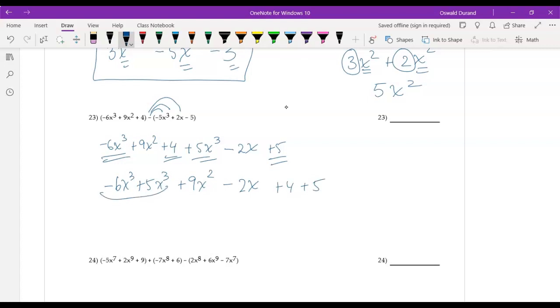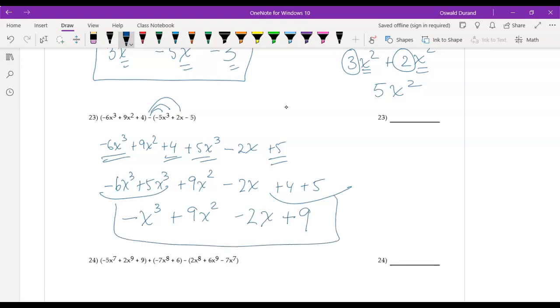So combine these two and then combine these two. So this is negative 1x cubed, or negative x cubed, plus 9x squared minus 2x plus 9. No like terms. We are done. This is your final answer.